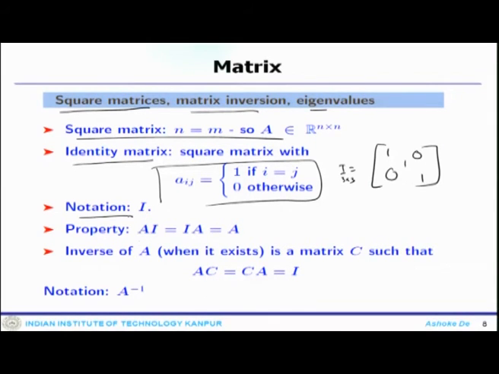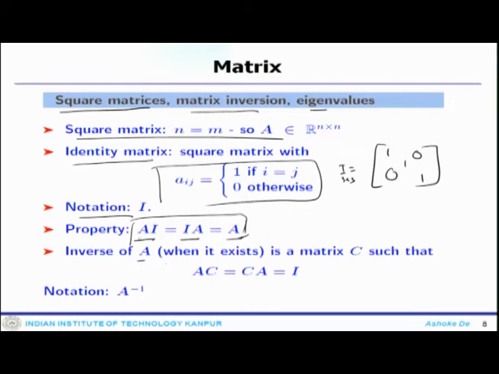Its notation is I. The property of an identity matrix is that if you multiply it with any matrix, whether by right-hand multiplication or left-hand multiplication, you get back A. So, the identity matrix does not change the property of the original matrix. That is an important piece of information to keep.